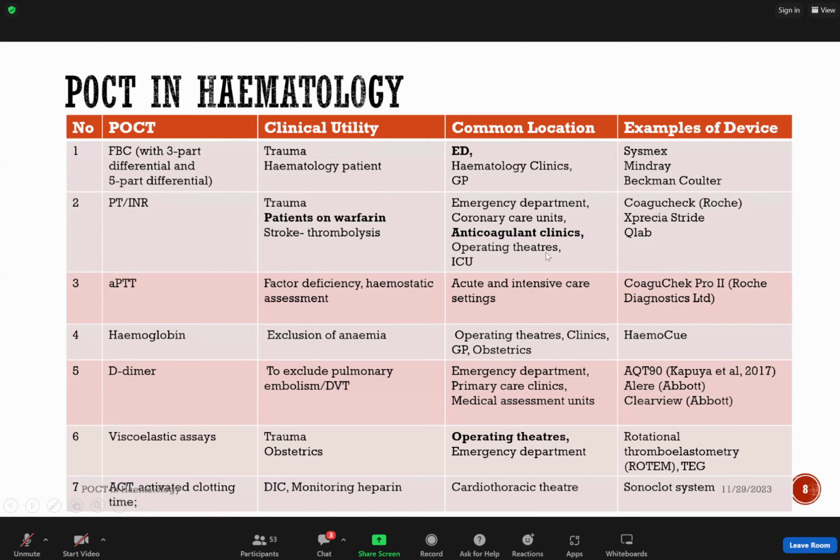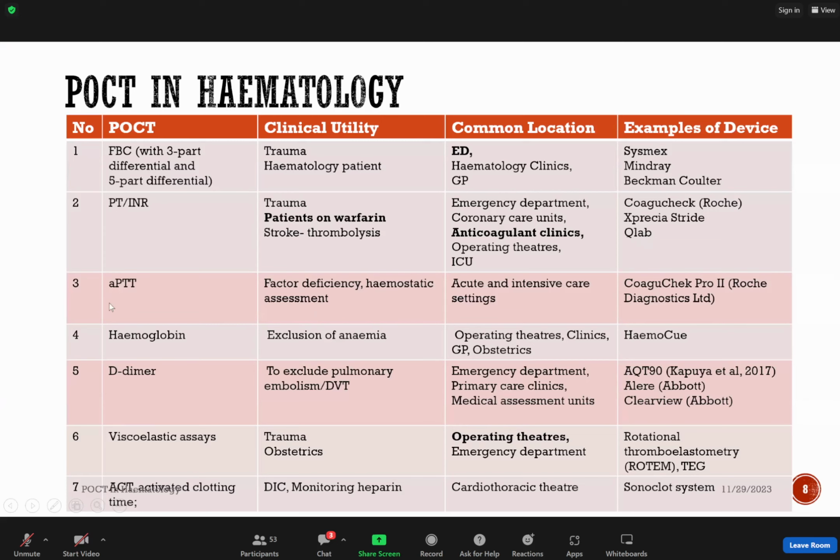The common locations stated in the journal are ED, coronary care units, anticoagulant clinics, operating theatres, and ICU. In our practice, we use it at anticoagulant clinics, INR clinics. These are the examples of devices from Roche. We have CoaguChek XS and QLab.